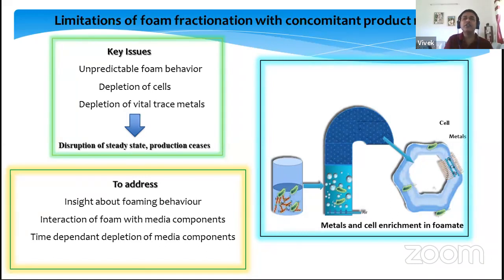And you all know that in case of any valuable molecules, addition of anti-foaming agent is not advisable for twofold reasons. One is that it adds to the cost of downstream processing, and for many of the therapeutic compounds it is not recommended to add any anti-foaming agent.